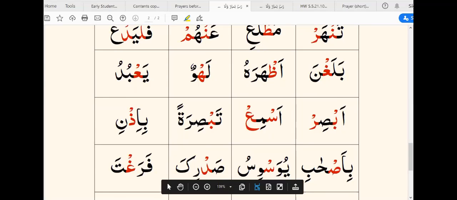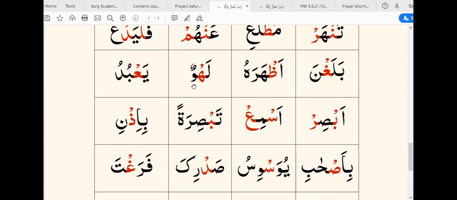Azharahu. Well done. Over here we have letter ha with a sukoon. Lahwun. Well done. And over here we have letter ain with a sukoon. Ya'budu. Well done, mashallah. Very well read.